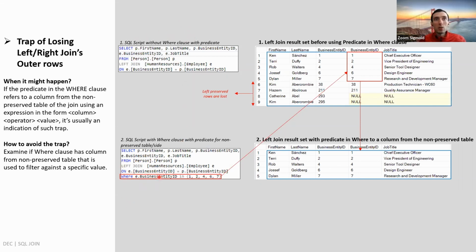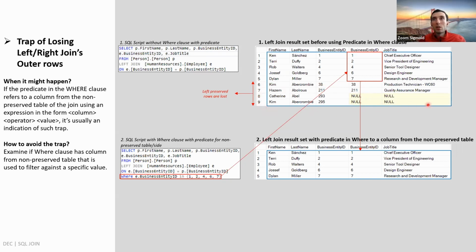And in the where clause, you specify that you want to filter by the business entity ID from this right table, the employee table. And you specify exactly what IDs you want. And in that case, you can see that you will lose all these records.